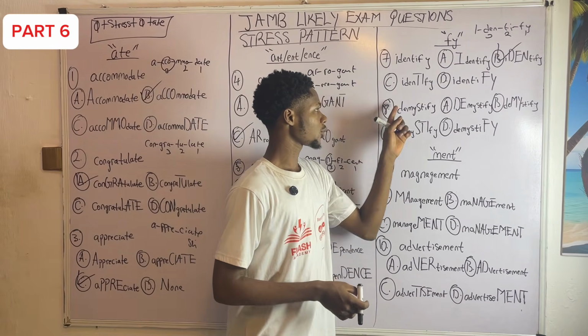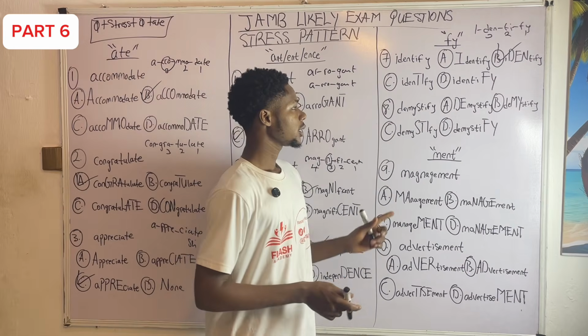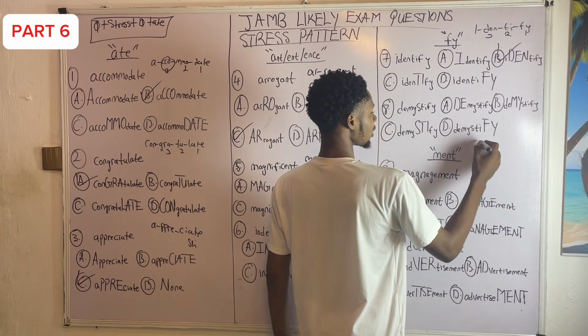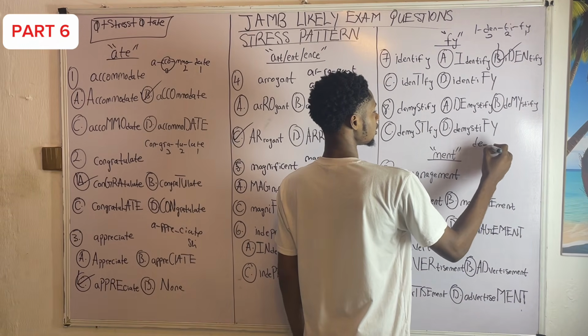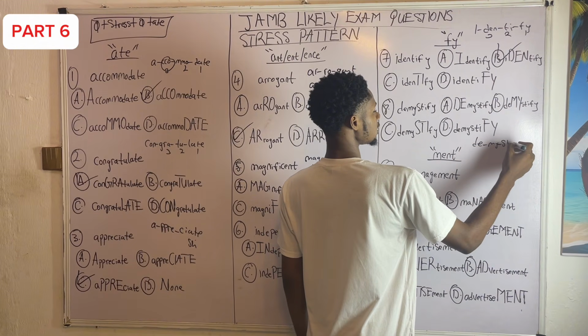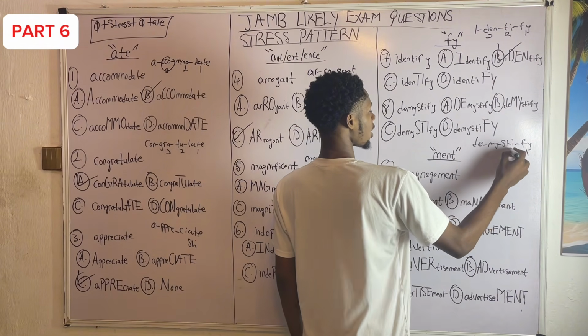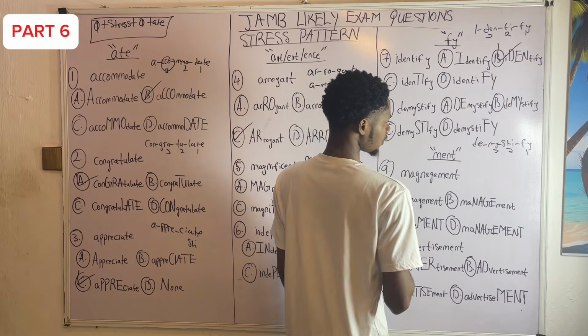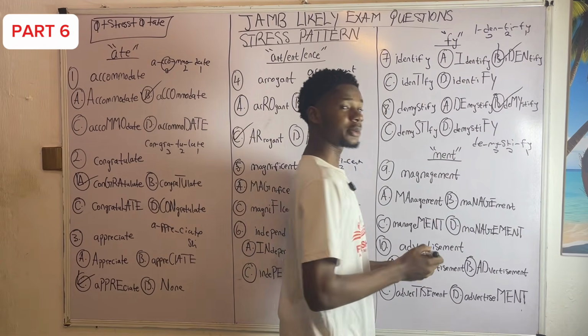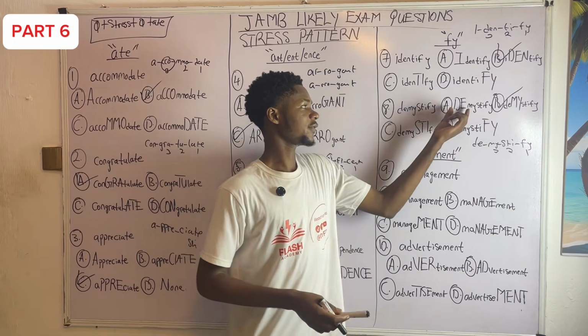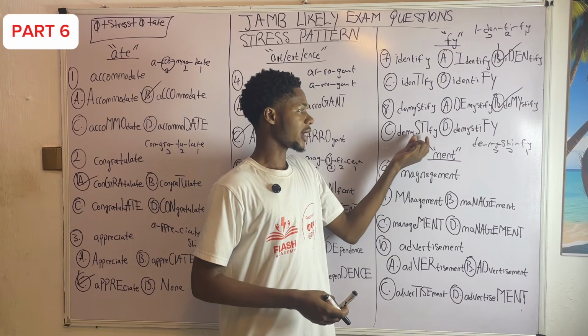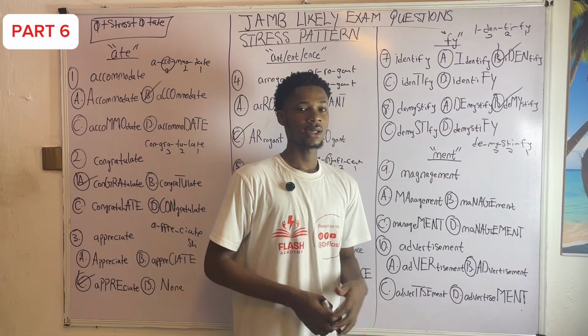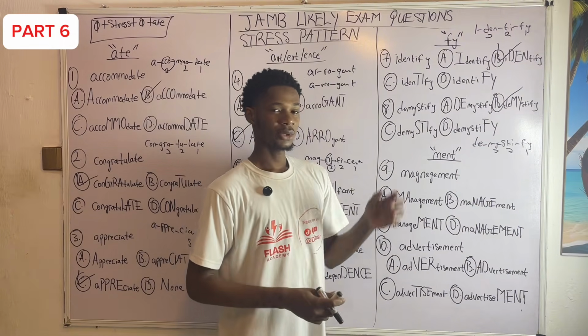Now how about the next one? We have demystify. Again, we have 1, 2, and 3. So MY will be stressed, and that is again option B. Look at the other options: demystify with D stressed, STI stressed, and FY stressed. So option B is the right answer.